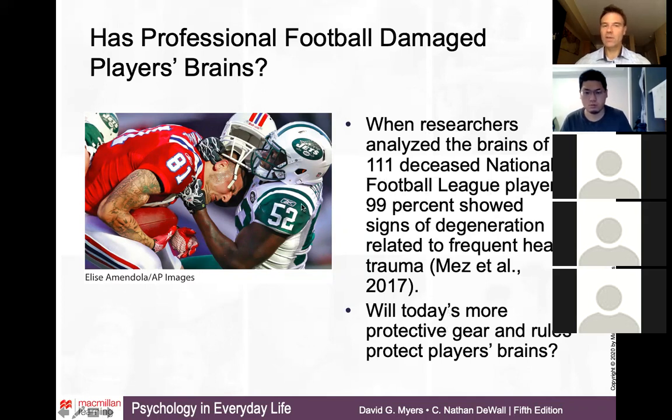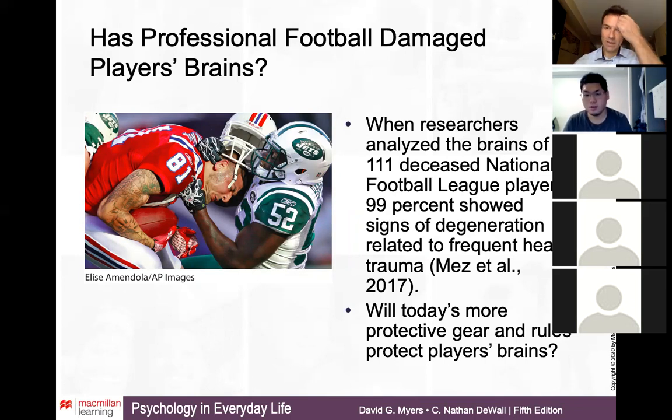So the protective gear that players wear is very important, but at the end of the day, if someone is a boxer or a football player or a rugby player, sooner or later they will sustain damage to their brains, which could lead to specific cognitive impairments or even suicide later on. I'm not trying to deter you from football or boxing, but just be mindful that the brain is delicate.